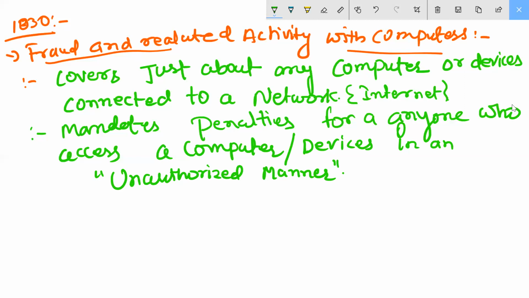Very much important. Note what words are important here. Or exceed one's access right.